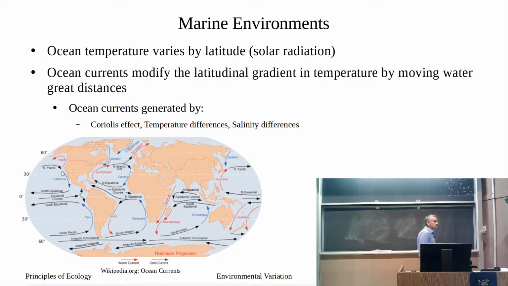So the Coriolis effect is only one part of it. We also have temperature effects and we have salinity effects. And that's going to drive a lot of these currents too. So salinity effects. What's our density of salt water compared to fresh water? Is salt water more dense or less dense?